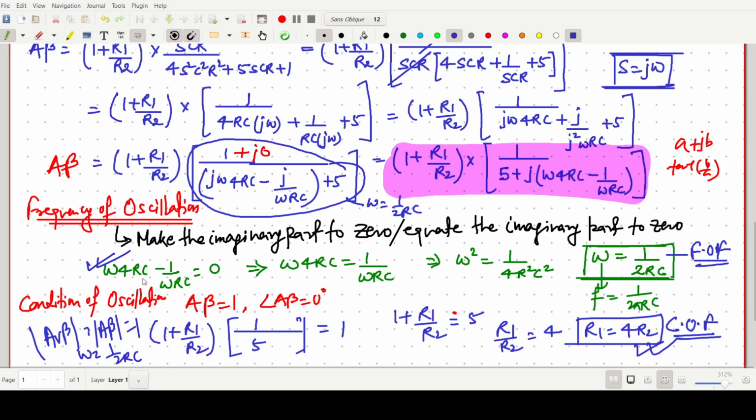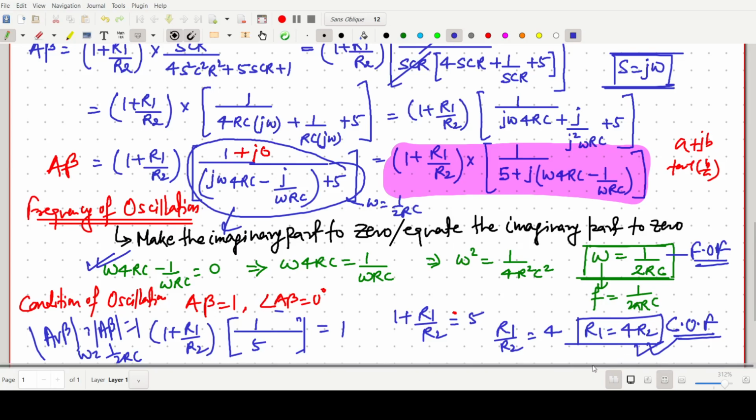In this case we have used the angle part, so that's why we are just putting the imaginary part to 0. So the frequency of oscillation omega is 1 by 2 RC, and the R1 value is 4 R2. That part, and the angle of A beta is 0. So equating the imaginary part to 0 will give the frequency of oscillation.